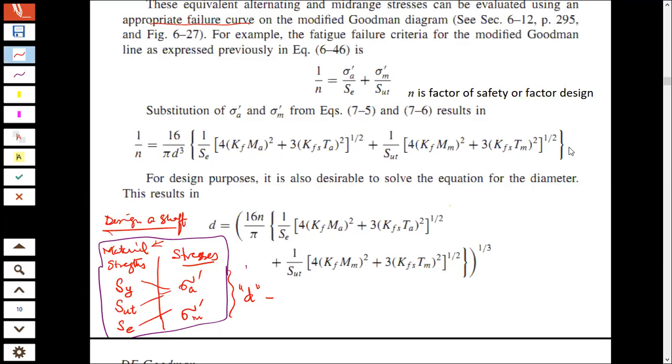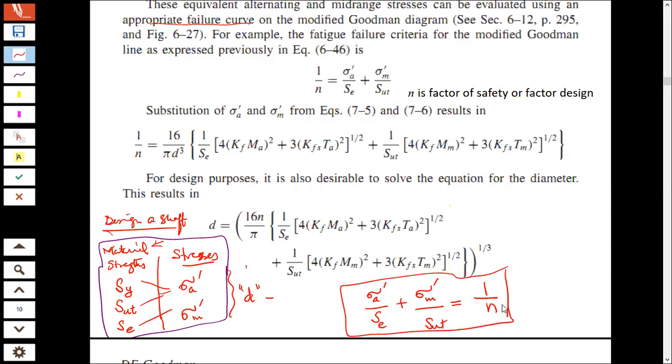Sigma A dash divided by the endurance strength, plus sigma M dash divided by SUT, should be equal to 1 over N. This is your modified Goodman theory. Now, what is N? This is the factor of safety.